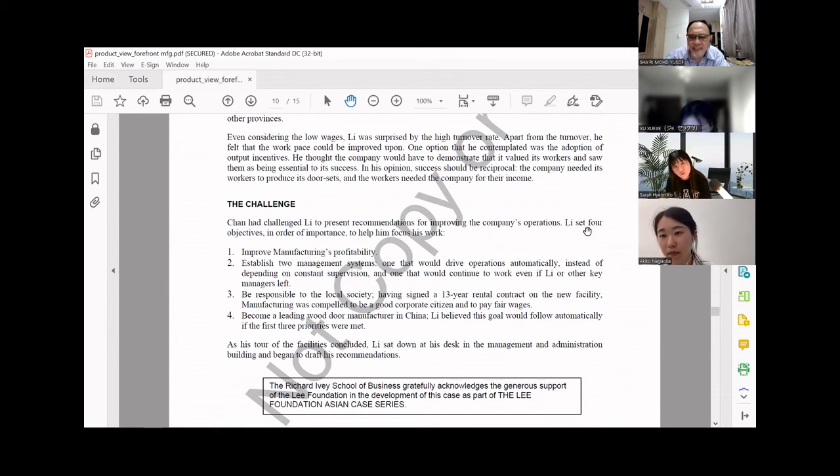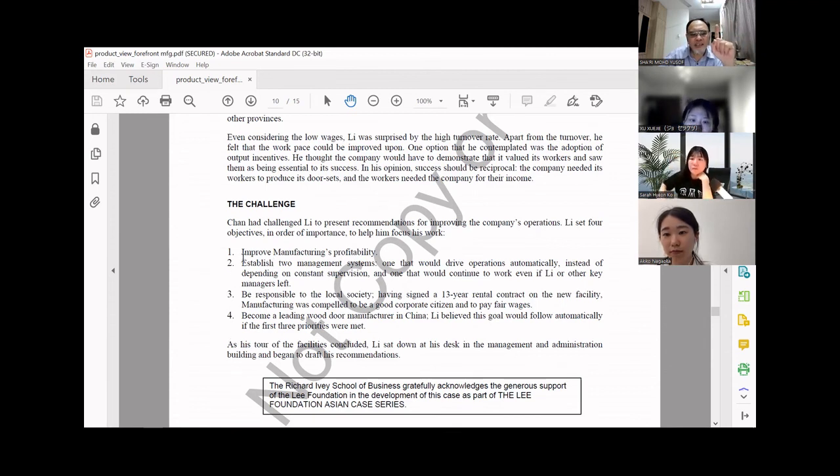And Lee set 4 objectives, in order of importance, to help him focus. That means number 1 is more important than number 2, number 2 is more important than number 3, and so on. The most important first.